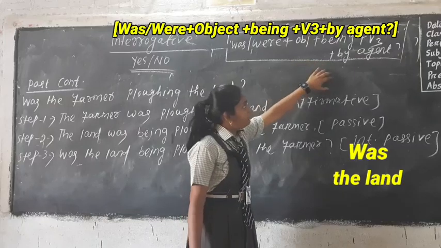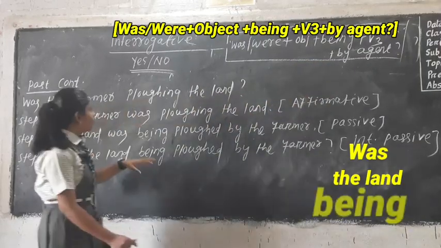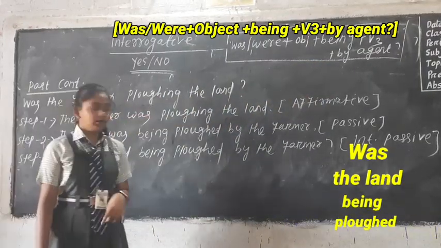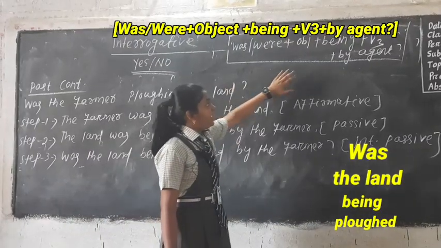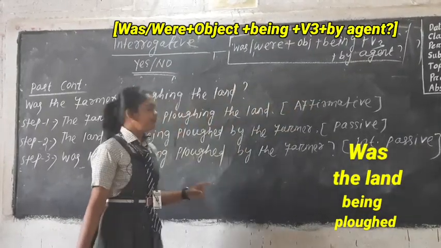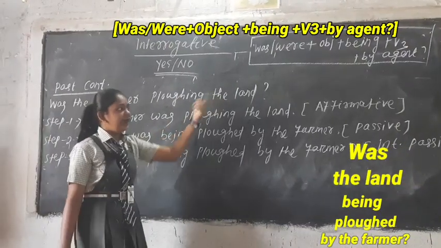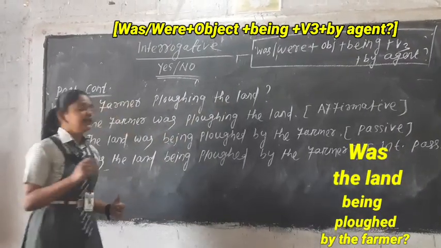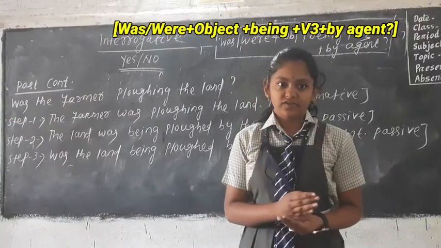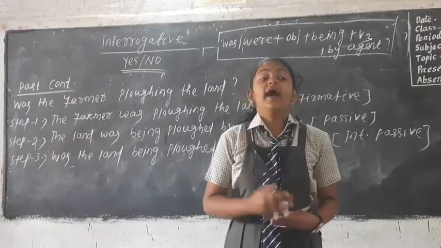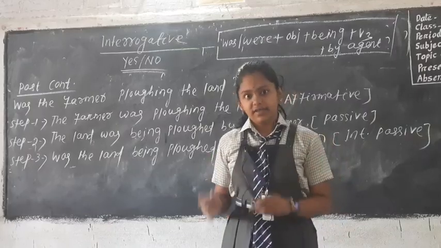Was the land being, then the verb 3 form of plowing, that is plowed. Was the land being plowed by agent. What was the subject here? The farmer. It will become by agent there, by the farmer. The remaining structures of past perfect and future tenses will be discussed in the next video.